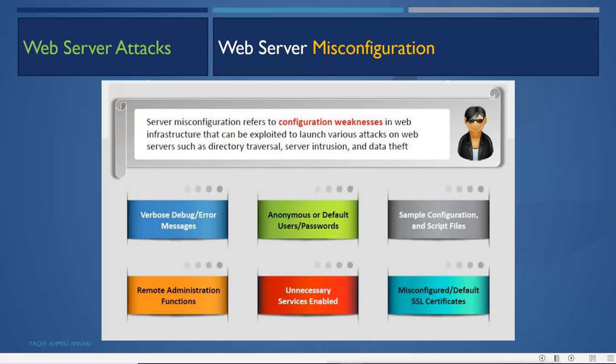That leads to the misconfiguration attack. Misconfigured or default SSL certificates also lead to the misconfiguration attack. If we are using default certificates, or ones that are not properly configured, it can also be a misconfiguration attack.